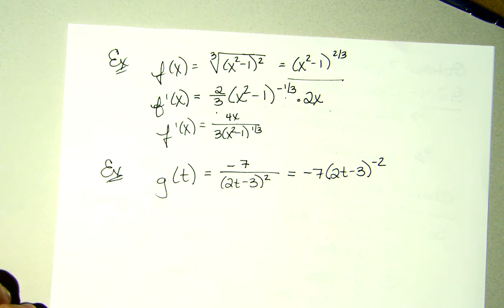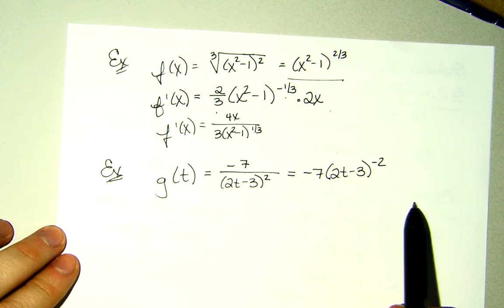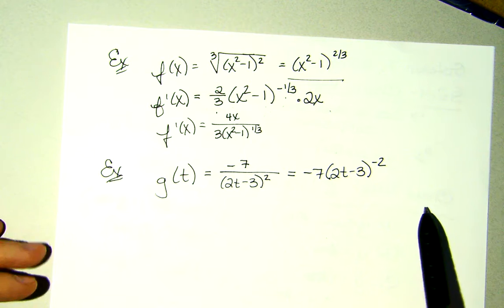Do I need the product rule here? Because that negative 7 times that thing? No, just our constant multiplier rule.